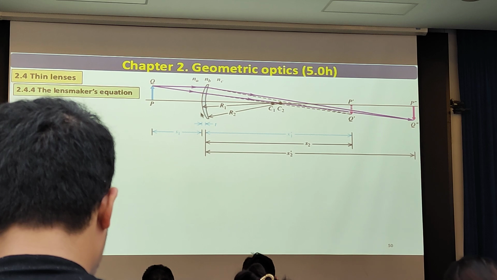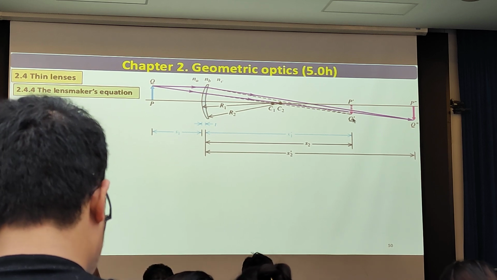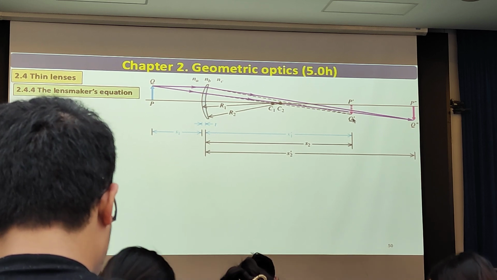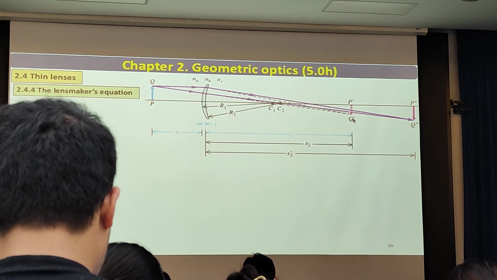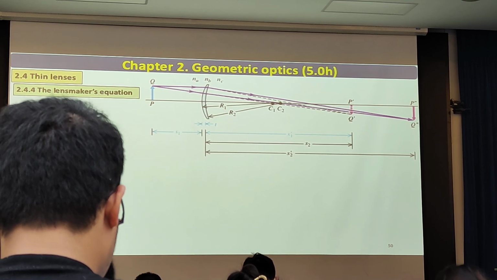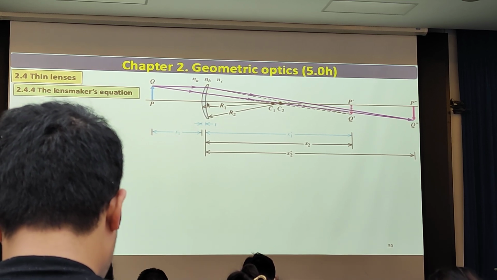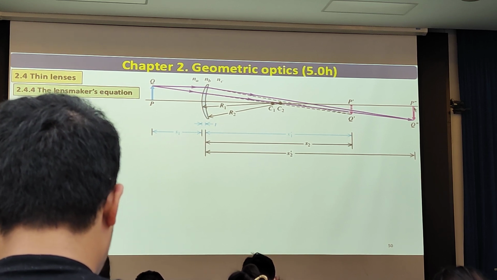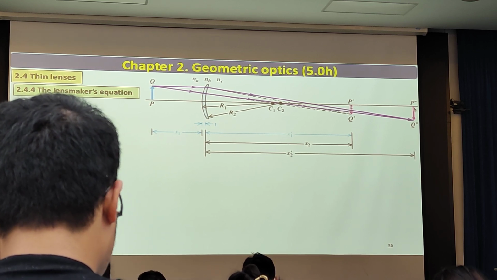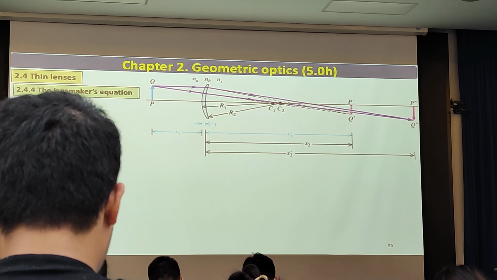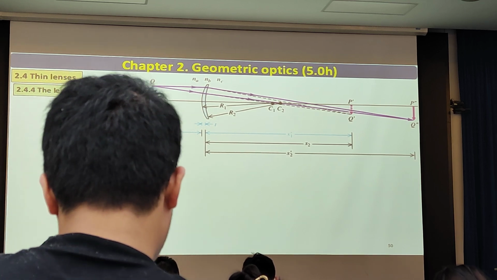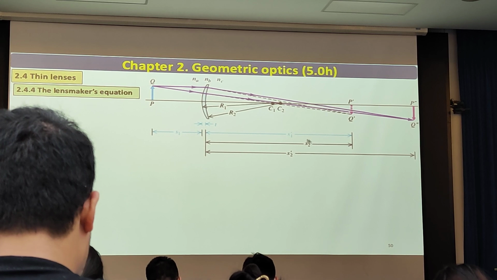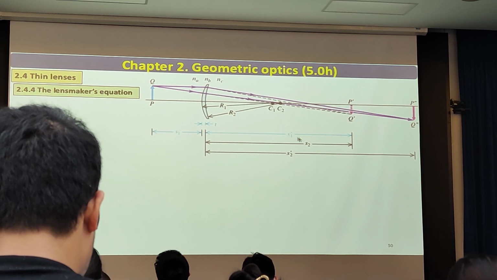From the first one, you can find the first image P prime Q prime. But this image P prime Q prime becomes the object for the second surface, and you finally find the image P2 prime Q2 prime, or P double prime Q double prime.